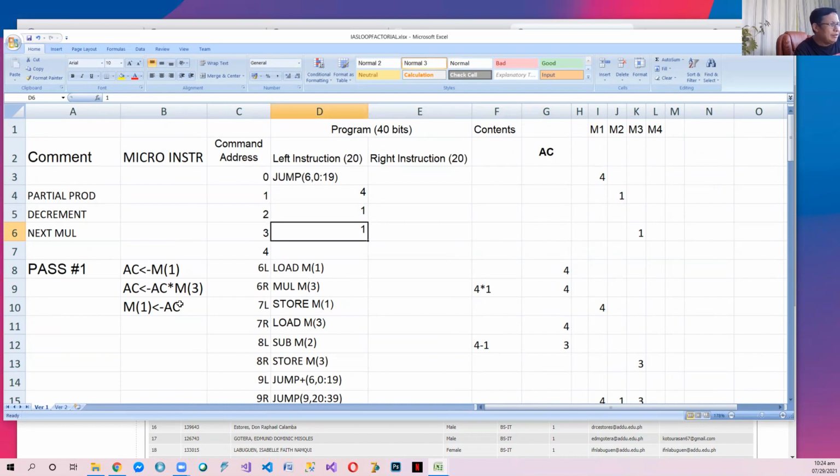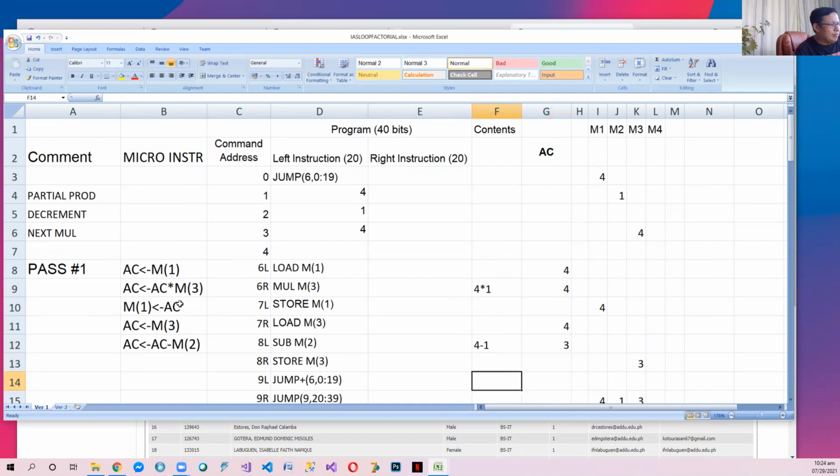By the way, M3, we should initialize this to 4. Dapat 4 ito. Sorry for that. Because when we say load M3, we say AC receives M of 3. Okay, and M of 3 is now, AC becomes 4, and then we subtract M2, so AC receives AC minus M of 2. M of 2 is 1, so we'll have 4 minus 1, so this becomes 3.